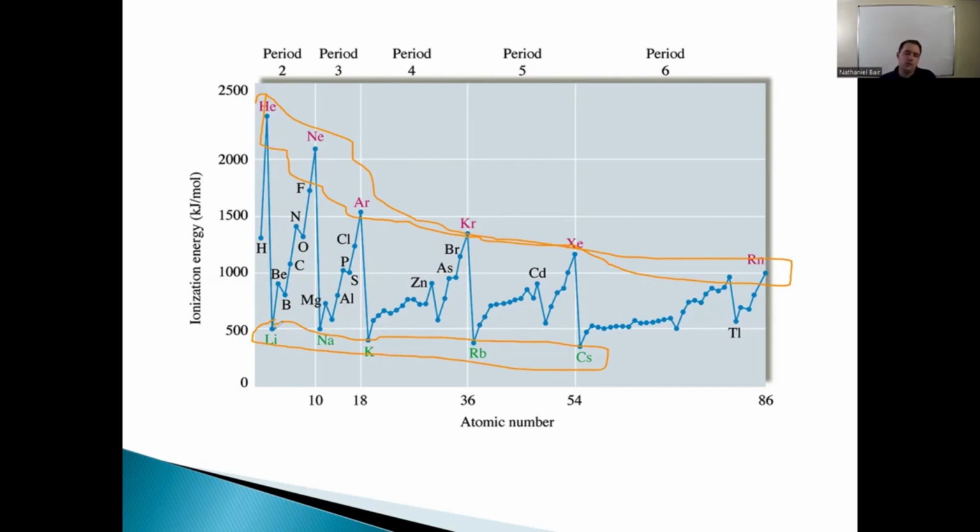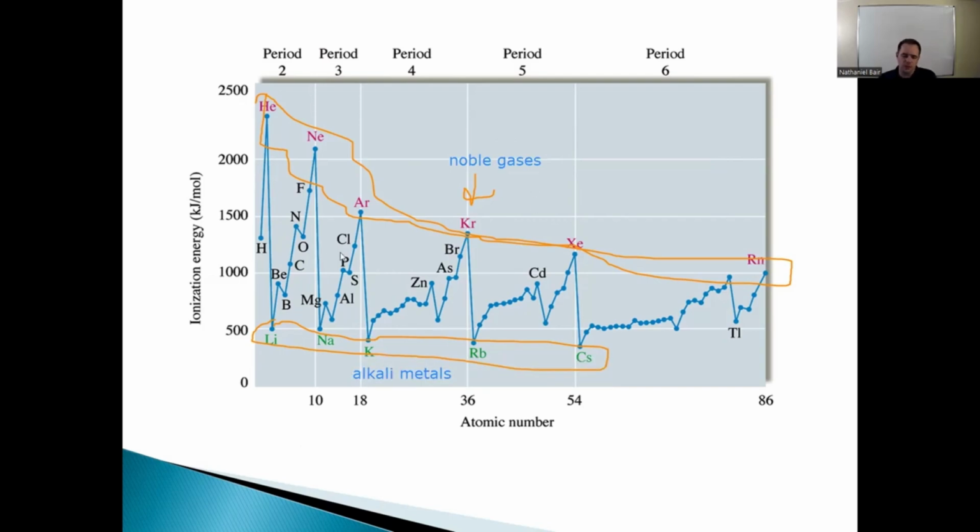Hopefully you're noticing that the relative maxima are the noble gases. And hopefully what you're noticing down here is that the relative minima are the alkali metals.